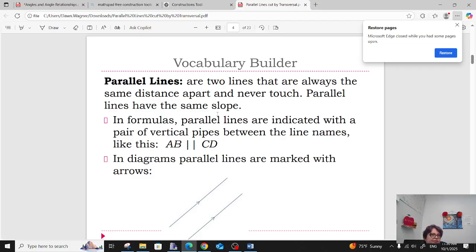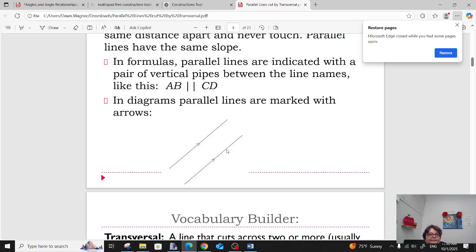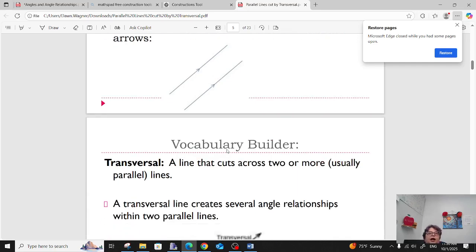I want you to underline that they have the same slope. We will be using that when we do coordinate geometry proofs. We need to remember that parallel lines have the same slope. Okay? And some of you had me for Algebra 1A. I'd be sad if you forgot that.